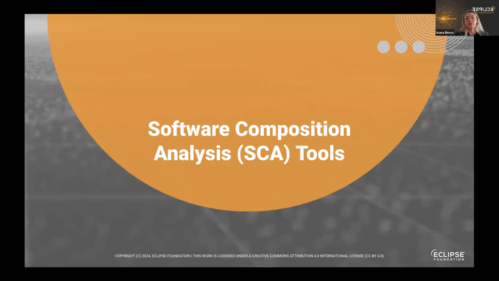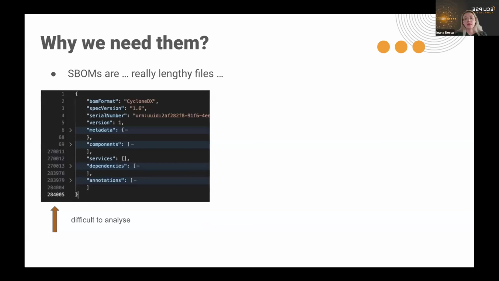DependencyTrack is a very popular tool that is part of a broader category, which is called software composition analysis platforms. And let's see why these are useful. SBOMs are really lengthy files, and it's quite often very difficult to analyze them manually.